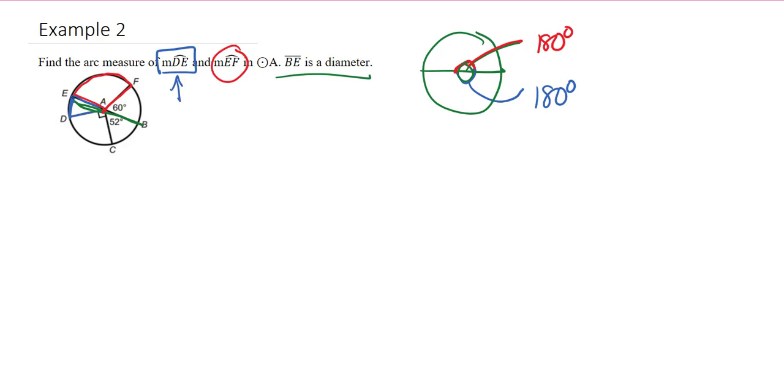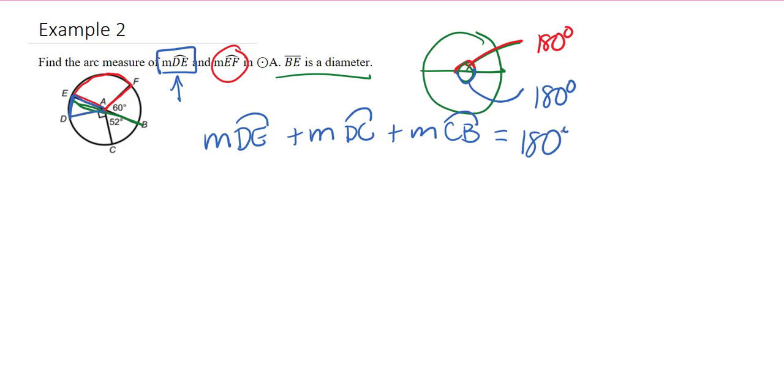But we do know that a straight line like this is going to be 180 degrees. So if we add up the three arc measures, that's going to be equal to 180 degrees.